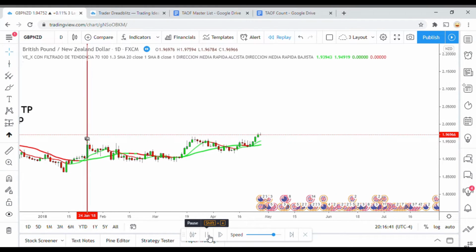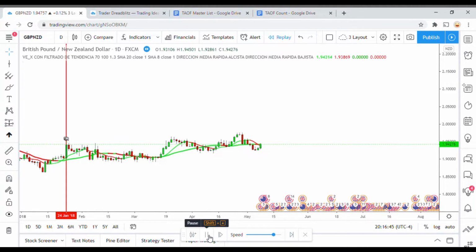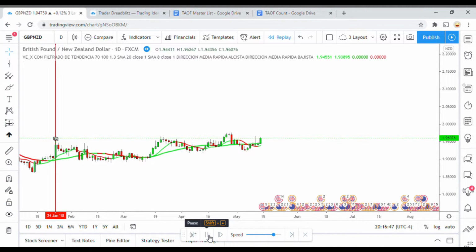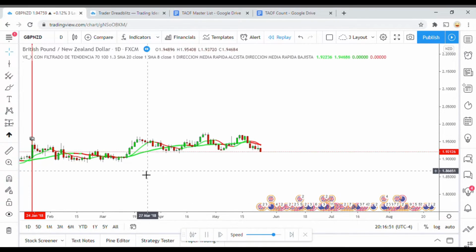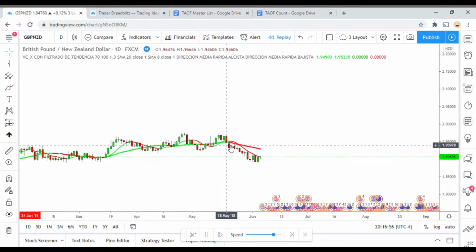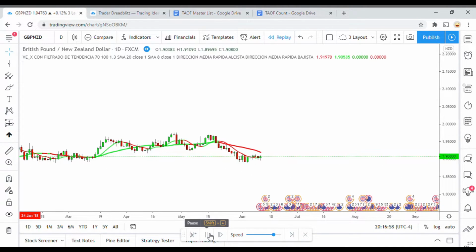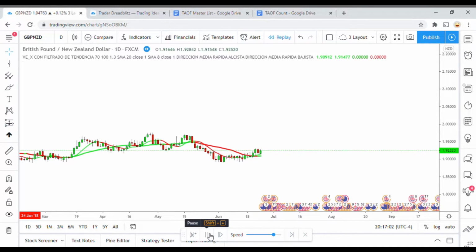So again, we're just going to play it through here, and it appears that the elephant bars don't happen all too often. And you see that in regular price action anyways. You don't see that they happen that often. Not those massive, way overextended candles.